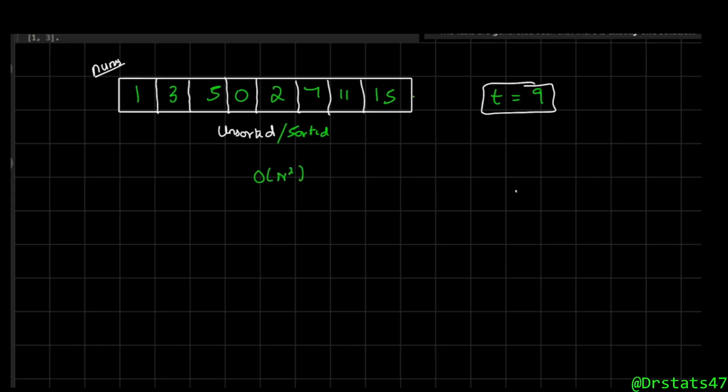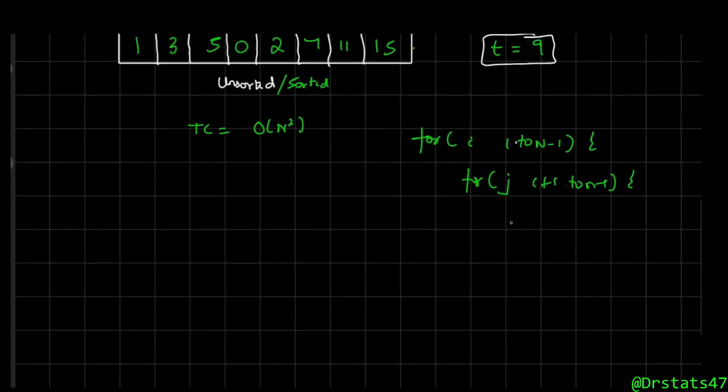The brute force solution which I am talking about will give a time complexity of order n square. How? Let us see. The outer loop will run i from 1 to n minus 1, and the inner loop will run from i plus 1 to n minus 1. Then we have a condition: if nums of i plus nums of j is equal to target, then we have to return.